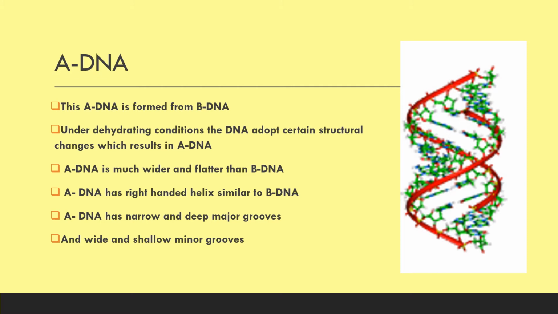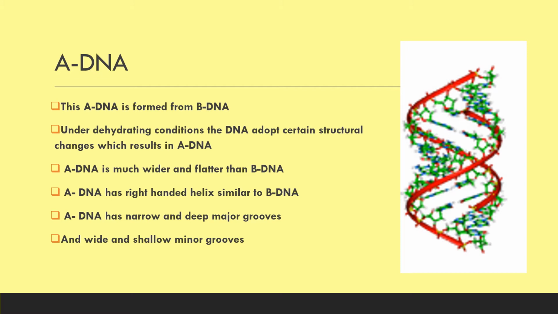When this bDNA is under any dehydrating condition, its stability is affected and it adopts a conformational or structural change, which results in this type of DNA, that is aDNA.